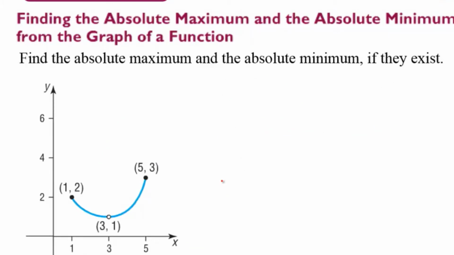Here's a second example. Find absolute maximum and absolute minimum if they exist. First, the absolute maximum, what do you think it is based on the graph that you see?